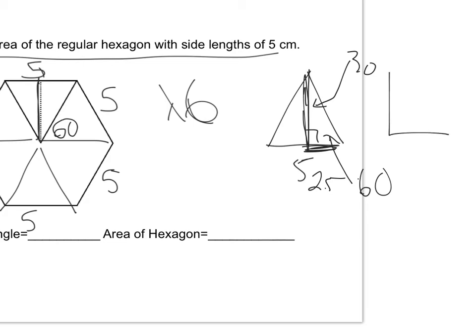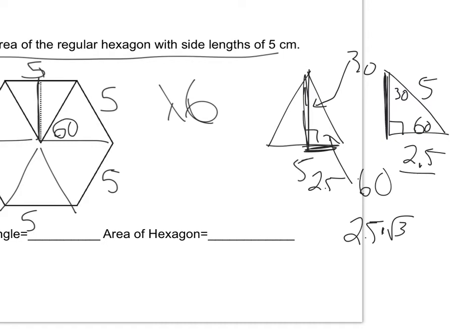So I've got a 30-60-90 triangle where the bottom is 2.5. If you remember, the short side is 2.5. The long side is double that, so the long side is going to be 5. This side is going to be 2.5 times the square root of 3. And this time I want an actual decimal, so I'm going to actually multiply times the square root of 3.